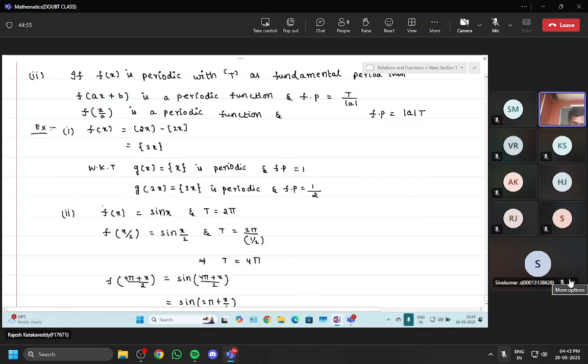Let's say the function f of x is sin x, in that case the fundamental period is 2 pi. Now, when I'm changing the function sin x to sin x by 2, the fundamental period becomes 2 pi by 1 by 2, which is 4 pi. Everybody copied this?